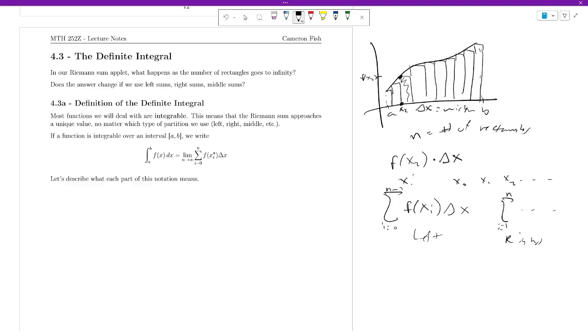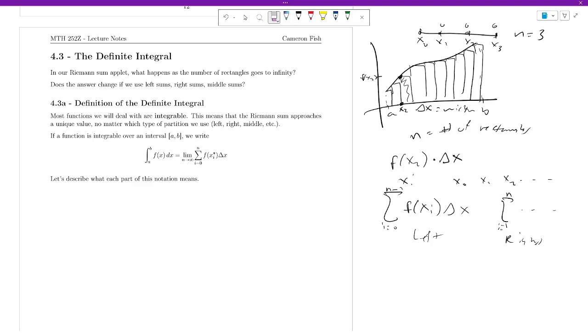That's because, imagine breaking this into 3 rectangles, so n is 3 in this picture. I'd call this x0, this x1, this x2, this x3. Depending on left or right, we're only using some of the values, either the left endpoints or the right endpoints. Not a huge deal, I just noticed that I wrote n and then up here I have n. We will see in a minute that it's not going to matter too much, but just in case that was confusing.